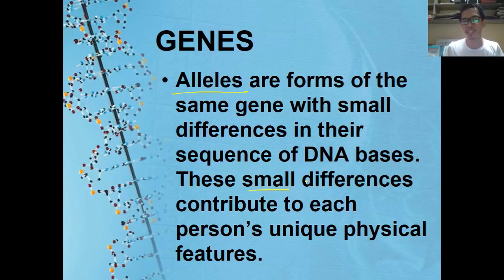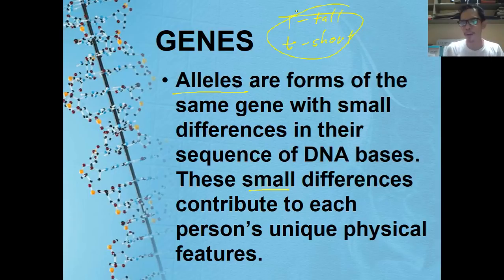So the alleles that you have studied before are the homozygous one, or the dominant, and the recessive t, which is for short, while the capital T is for tall. These things that we have right here are alleles.